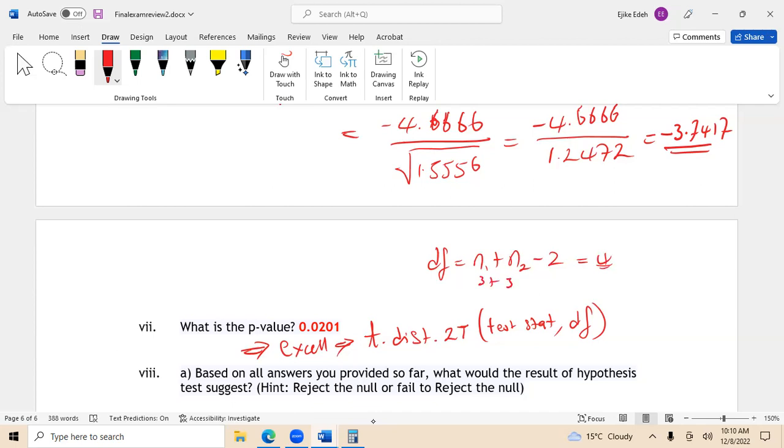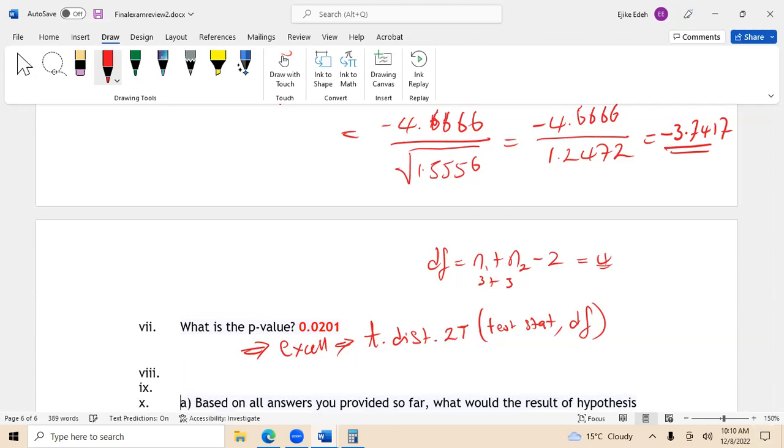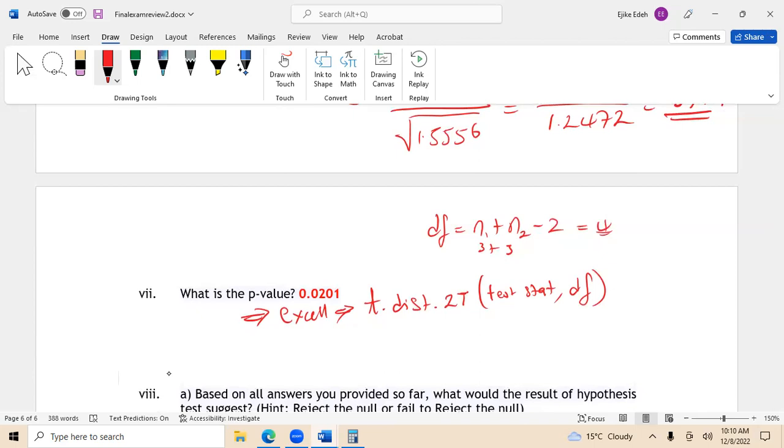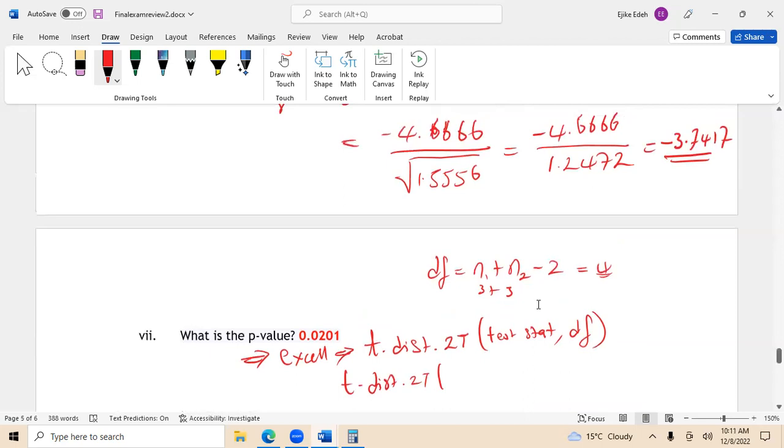So we've already got our test stats and our degree of freedom. We just go in and insert them. So you have t.dist.2t over test statistics, where you use the positive one, 3.7417, comma degree of freedom of 4.